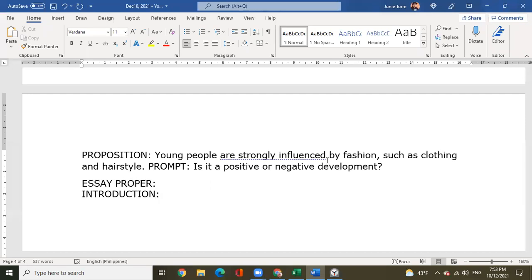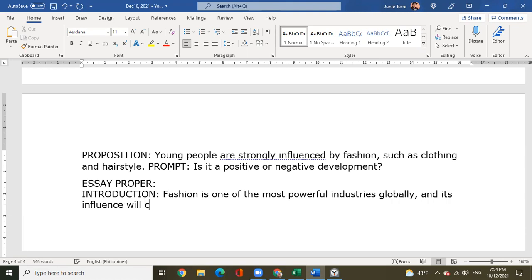So the introduction is: Fashion is one of the most powerful industries globally, and its influence will continue to rear its ugly head for years on end, particularly on young people. There.